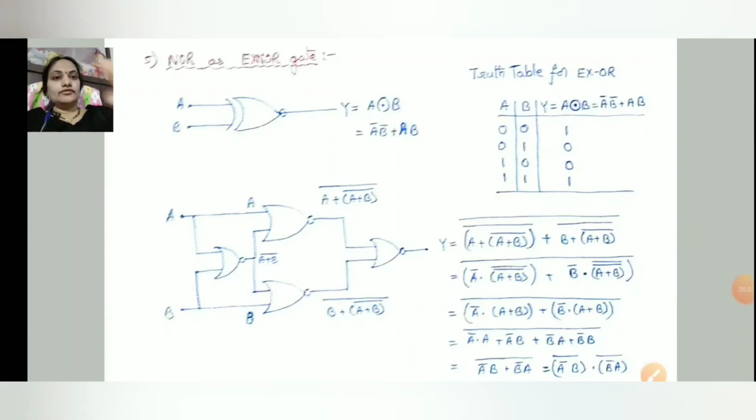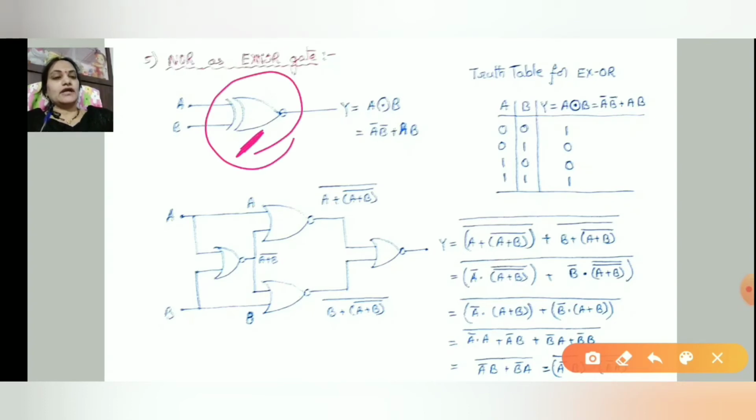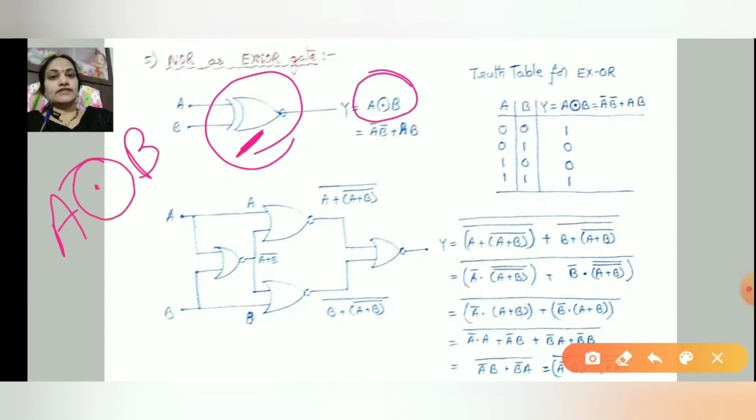Now we will go for the XNOR gate. So this is the symbol for the XNOR gate, and this is the expression for the XNOR gate. Okay? What is it? A XNOR B. Here you can find a dot surrounded by a circle.